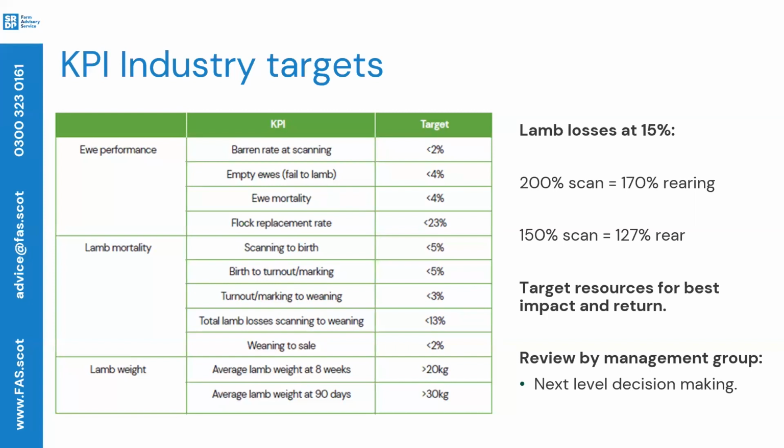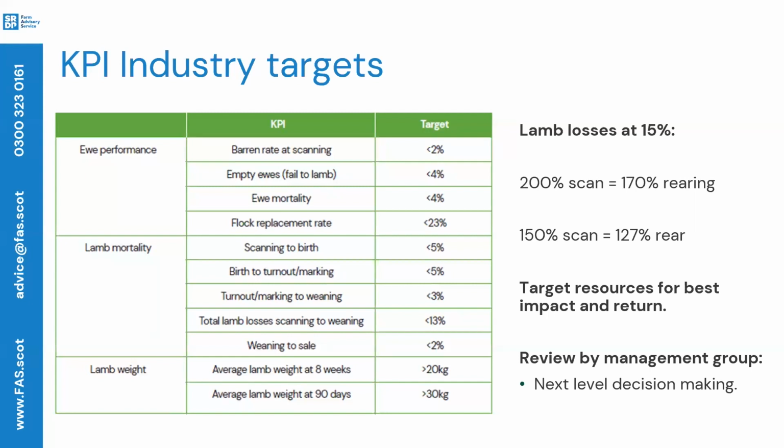So if we've got 100 ewes and they have 200 lambs, and we lose 30 lambs, that's 15 from each 100 lambs born, we lose 15%. And that means that with a scan of 150%, for example, to lose 15%, there wouldn't be the same level of drop, but it would be the same number of lamb losses. So that's why we want to look at it in terms of lamb losses, and not just trying to figure out from the drop that we can see.